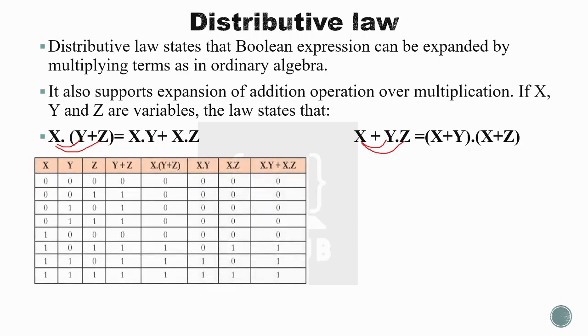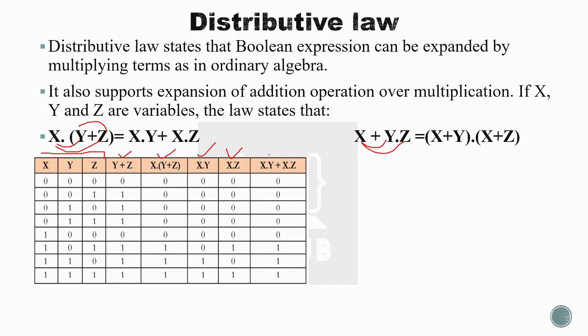Let's check with the truth table. What are the terms? We have three inputs x, y, z. Then we have to find y plus z first, so this is y plus z. Then x into (y plus z). Next we have to find x into y, and x into z.